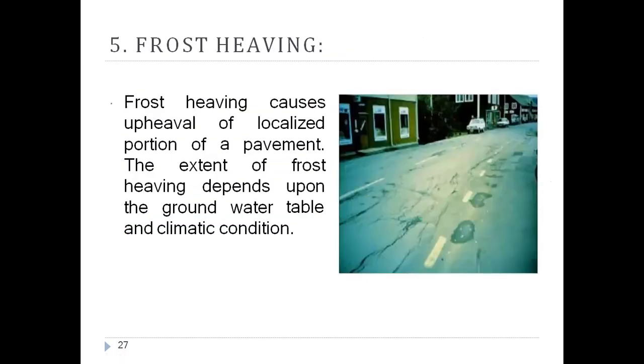Frost heaving. Here you can observe these are the frost heavings. Here in this image, you can see the frost heaving, which causes heaving of a localized portion of the pavement. The extent of frost heaving depends upon the groundwater table and the climatic conditions we have.